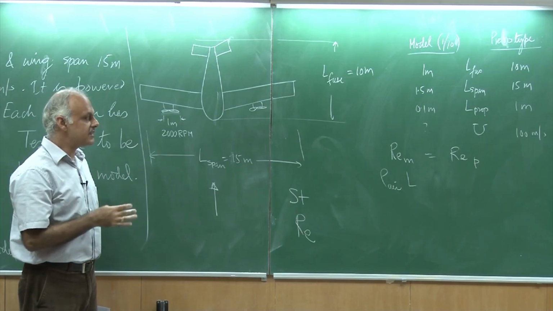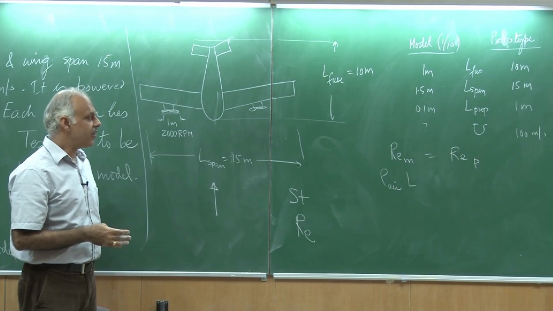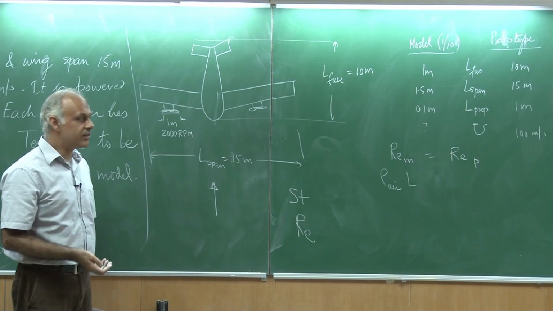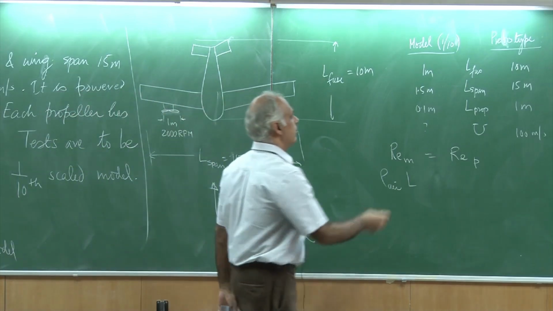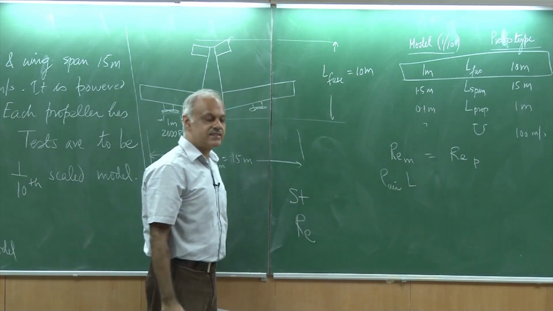So, it would be nice to explicitly say what is the characteristic length that we are using. So, let us say we are going to use the fuselage as the characteristic length.